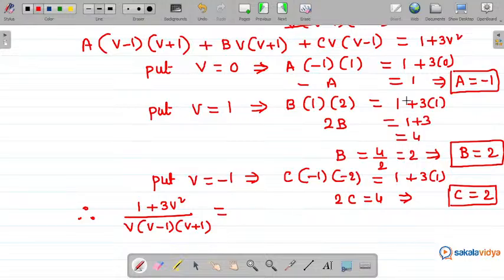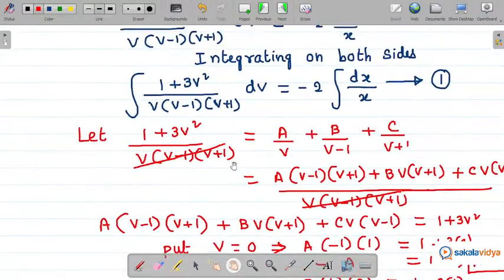A means how much? Negative 1. So negative 1 by v, b value is 2, plus 2 by v minus 1, plus c is 2, 2 by v plus 1. These are the partial fractions. So now we need to substitute here. So by substituting, you will get it now.